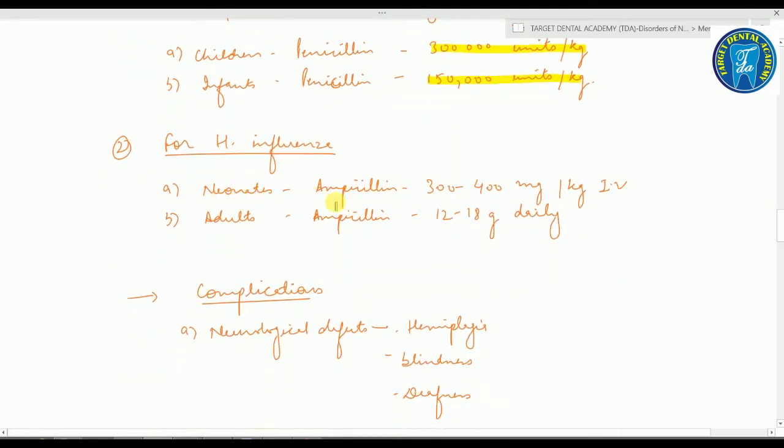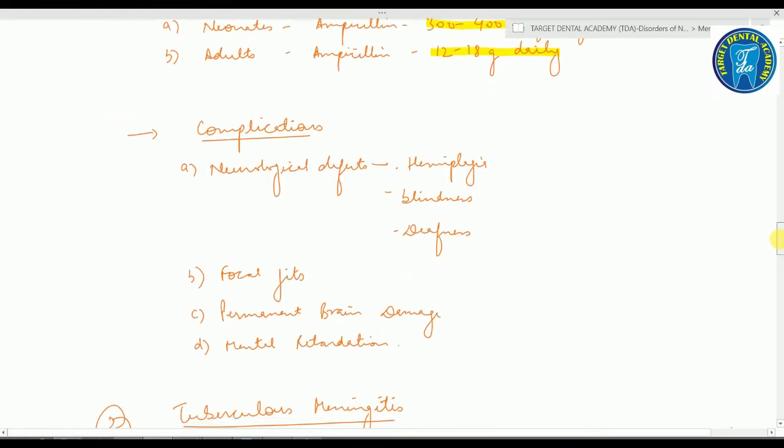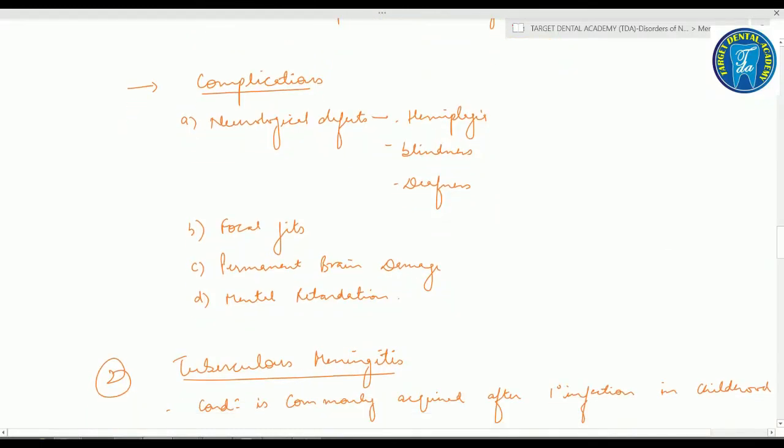So in the neonates you can give penicillin 300 to 400 mg per kg IV, and in the adults you can give 12 to 18 gram daily. Now coming on to the complications. So the first complication is the neurological defects. It includes hemiplegia, blindness and deafness. Other than the neurological defects, there are local fits, permanent brain damage and mental retardation.